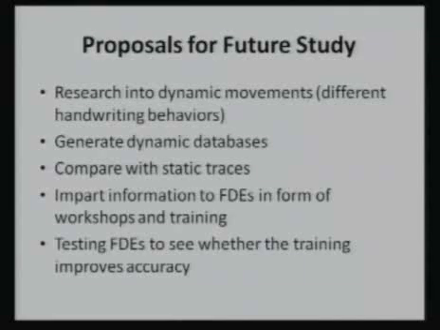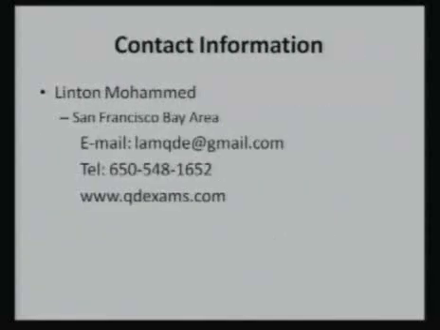Can we train an examiner to better estimate speed of a stroke, size? And, of course, in order to know if this is working or not, you've got to test the examiner. Okay, and that's it.